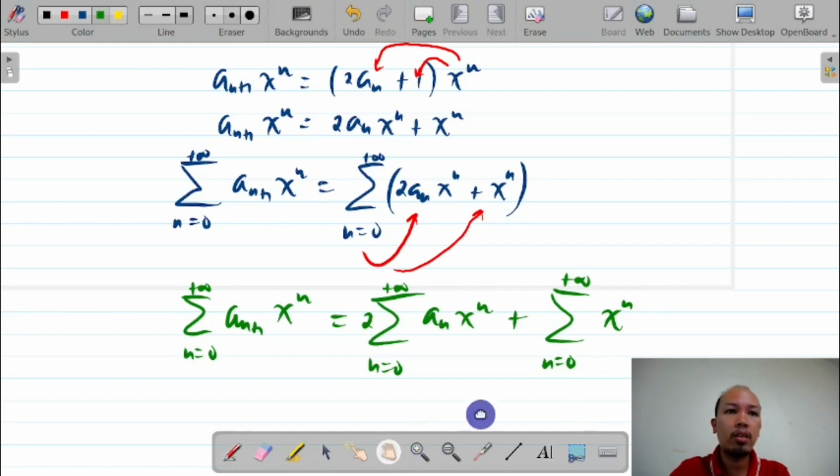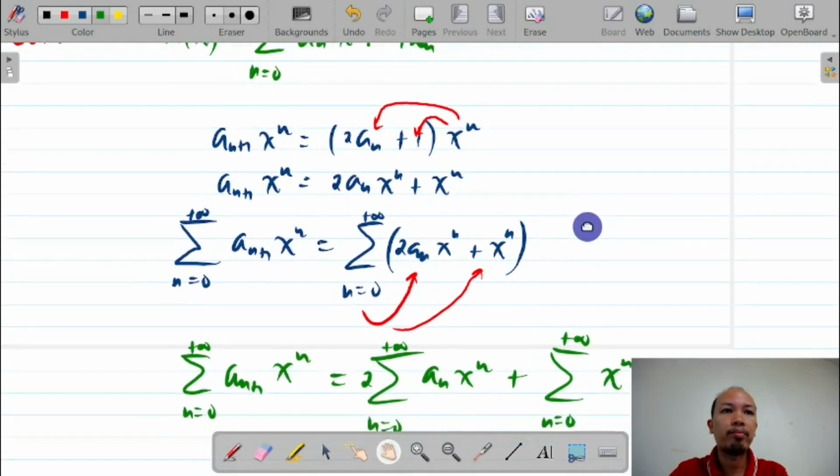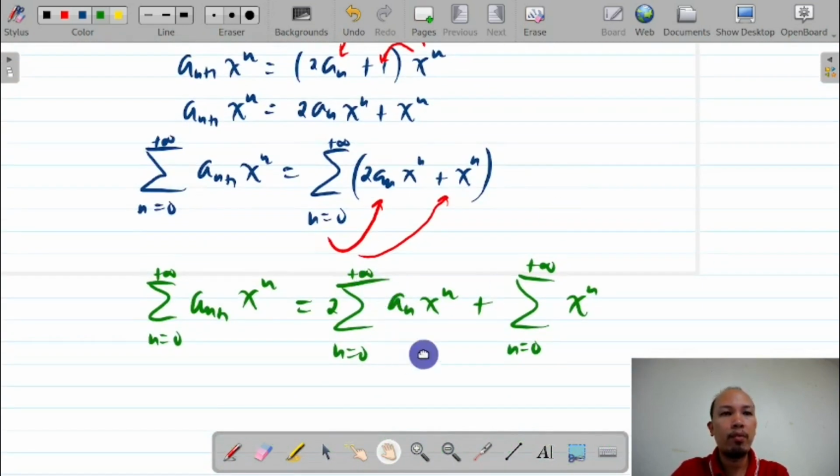Okay, notice, I don't know if you notice, that we let e of x be this form, and the first term on the right hand side, we know that this is equal to e of x, right? This is this one here.